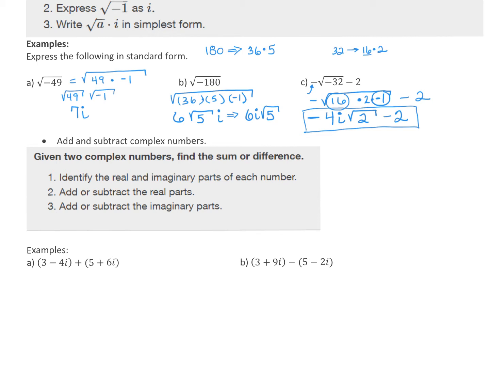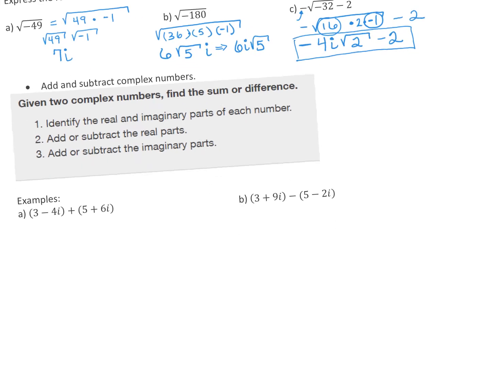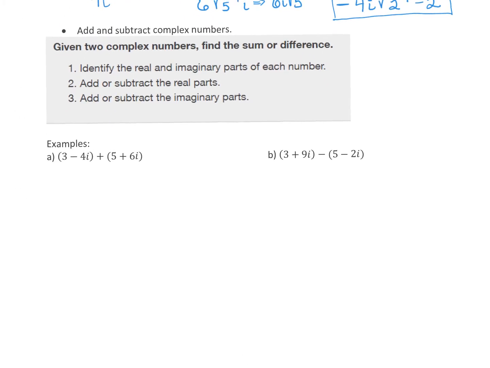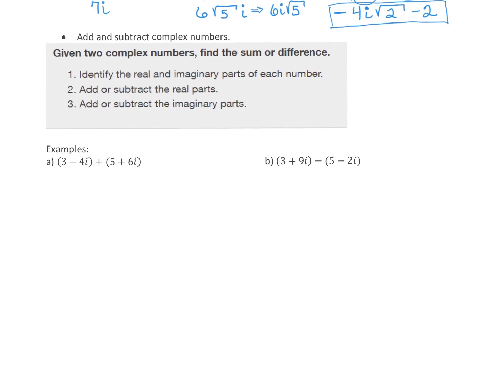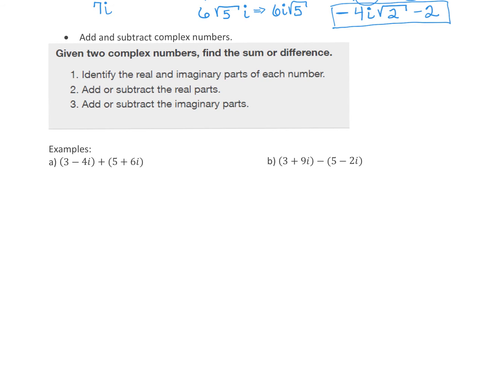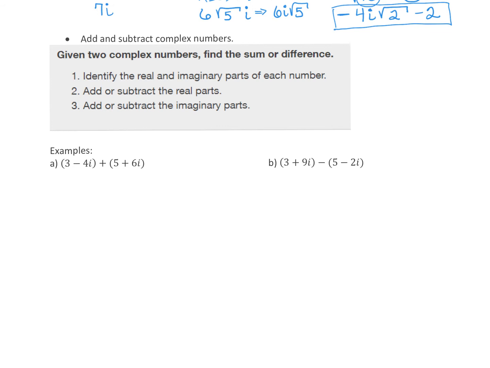So we call these complex numbers, but working with these is really not difficult. We want to be able to add and subtract, multiply and divide these. And when we're adding and subtracting, basically we're just going to add or subtract the real parts separate from the imaginary parts. So in this particular case, these parentheses don't really mean anything to us.